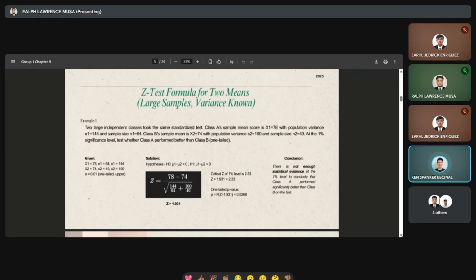Class B sample mean is 74 with population variance of 100 and sample size of 100. At 1% significance level, test whether Class A performs better than Class B. We just put in our given values. Then we place the givens into our formula to get the Z-value and the P-value. Then we can make a conclusion.